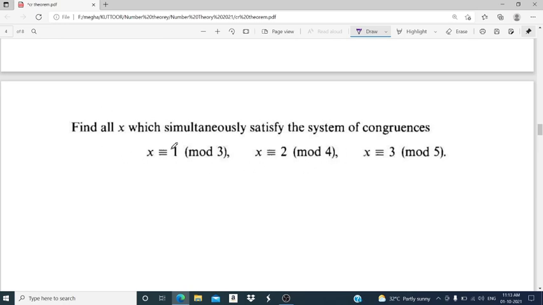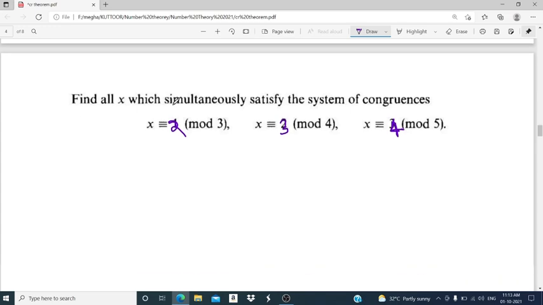Then as an application, let's see a problem related to the Chinese remainder theorem. Find the x which satisfies simultaneously the system of congruences x congruent to 2 mod 3, x congruent to 3 mod 4 and x congruent to 4 mod 5. This is the problem.